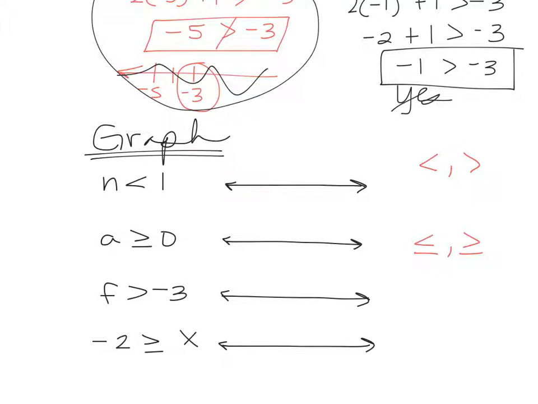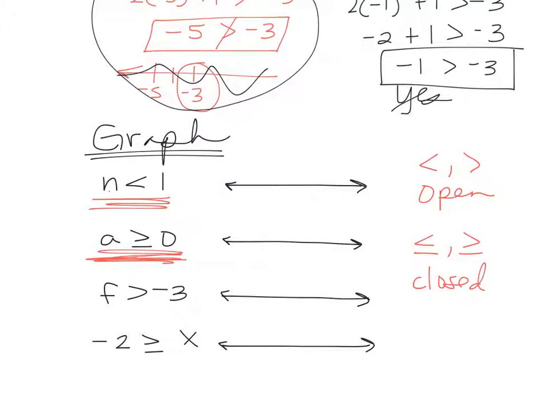So for these first two, it's open because we're not including the number we're talking about. If n is less than 1, then 1 is not included. So you leave that open, but that's where we start, okay? If it's with the equal to, then it's a closed dot because we want to include 0. 0 is one of our answers on this one, okay?